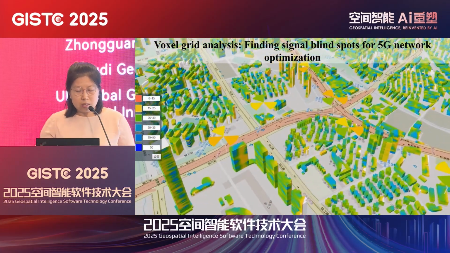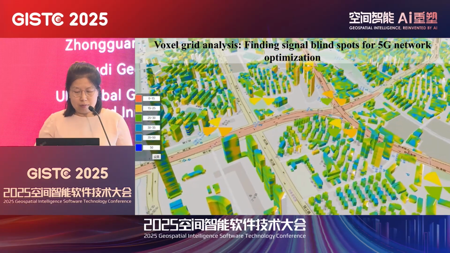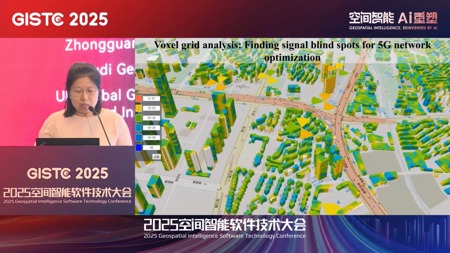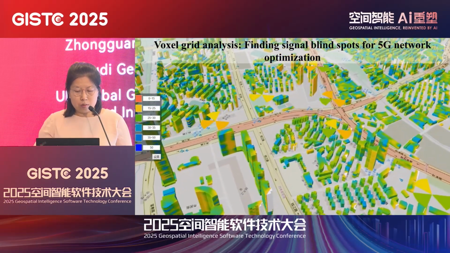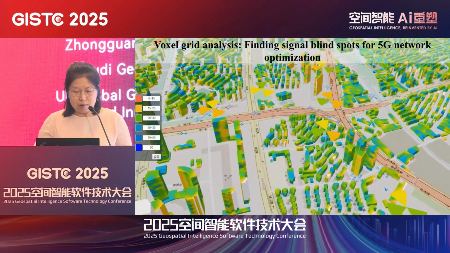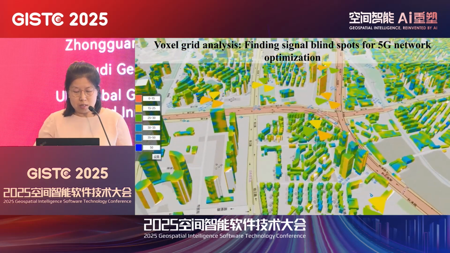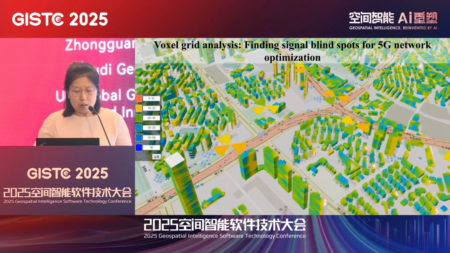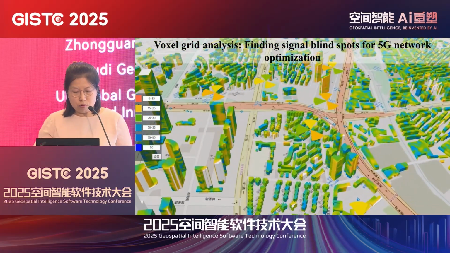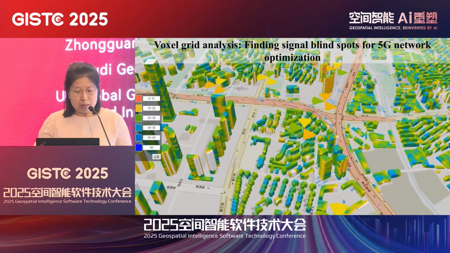This allows simultaneous analysis of factors like building obstruction and terrain variation, enabling precise identification of signal blind spots that traditional methods often miss. This greatly improves the efficiency of 5G network optimization.